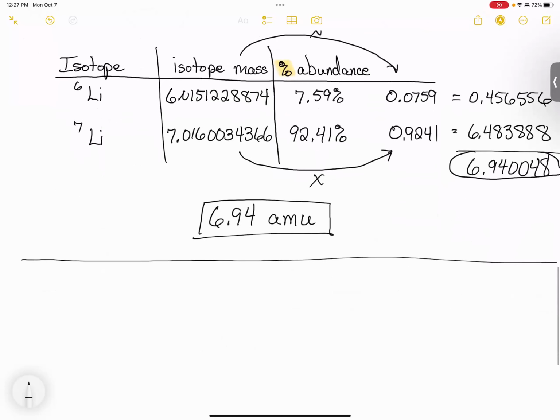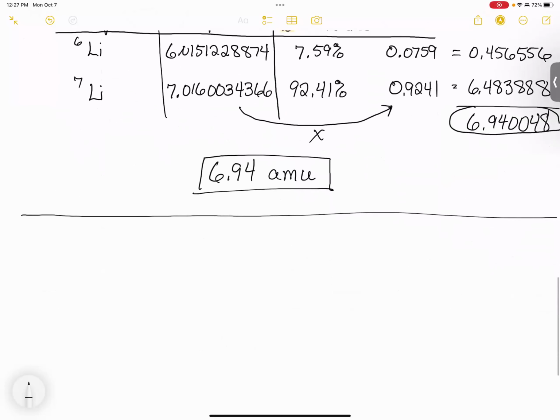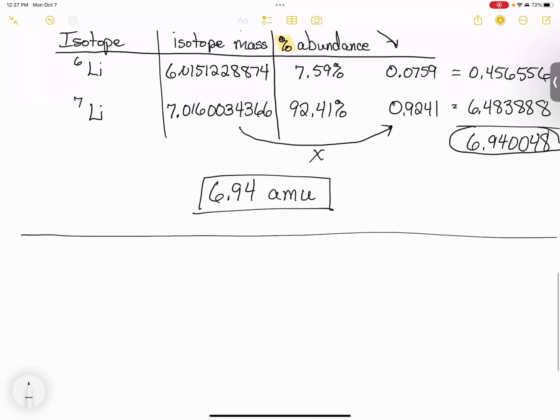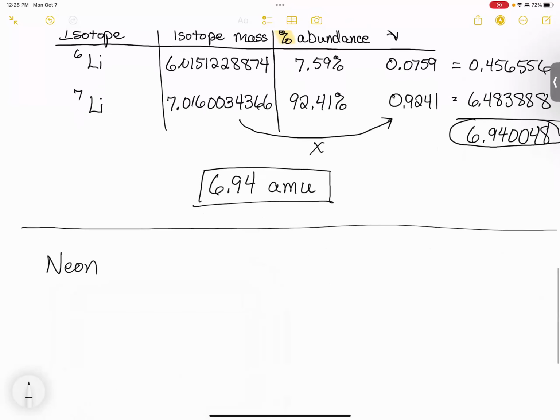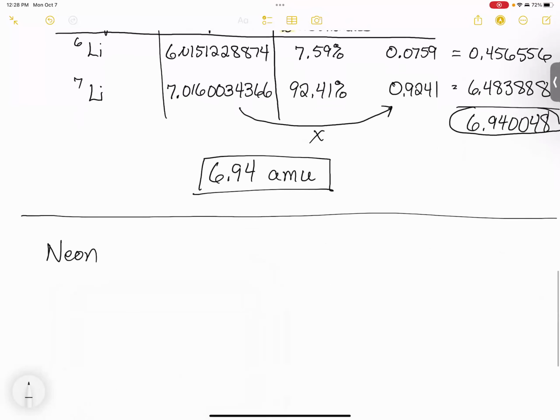Let's look at another example. Let's look at neon. Neon has 3 isotopes that are naturally occurring: neon 20, neon 21, and neon 22.